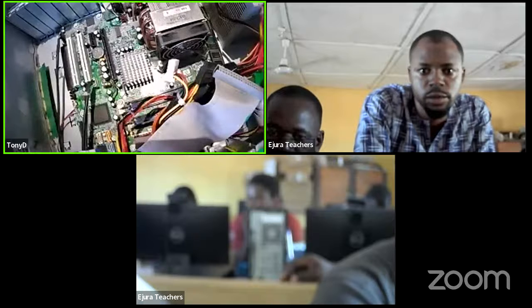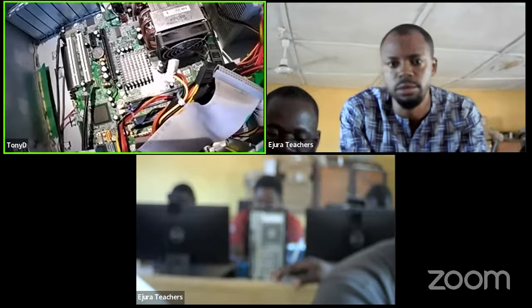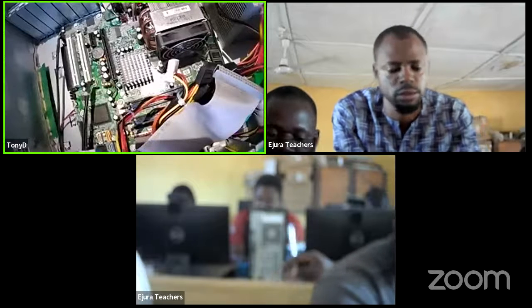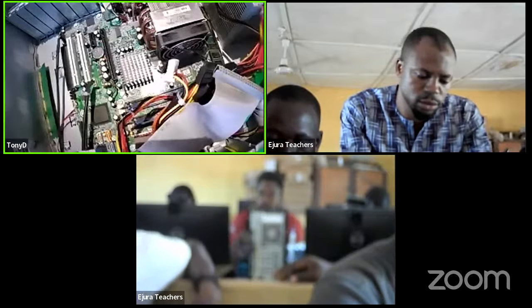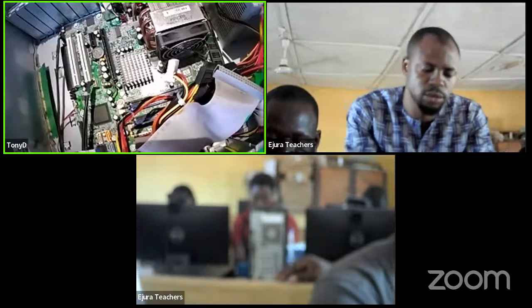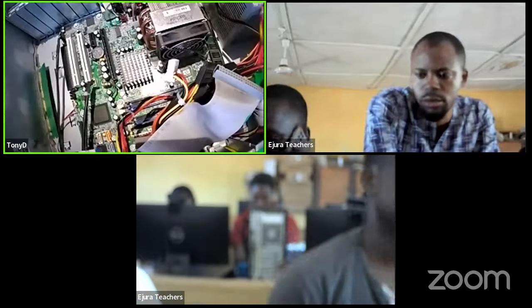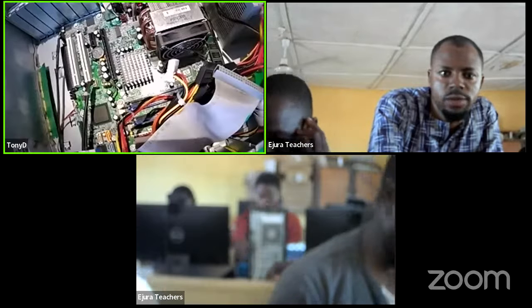Okay, so that's what the motherboard does. The motherboard makes sure that all the components of the system unit are connected, so that they can communicate. All those devices connected to it can communicate and operate together.